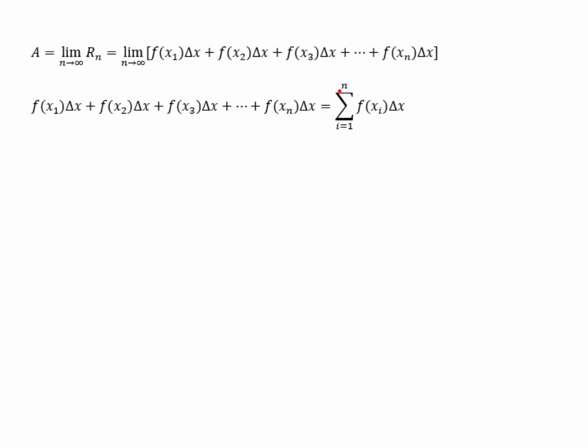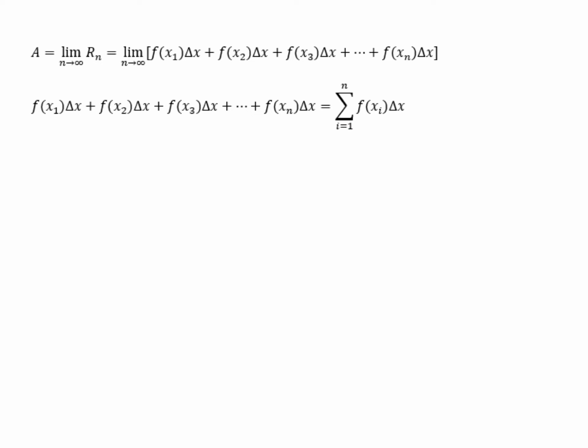It's called sigma because this is a capital sigma, a Greek letter. And this basically says we're taking a sum and all of the terms are in the same form, f of x sub something delta x, and that something, that i, changes. It ranges all the way from 1 up to n, changing as integer values.